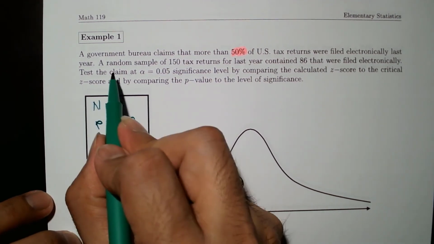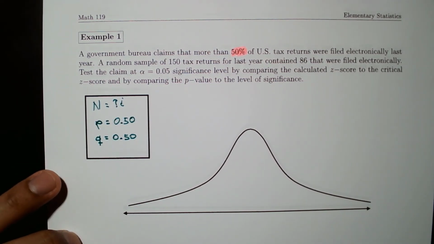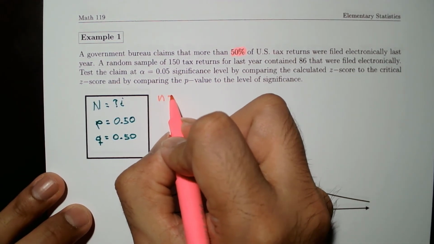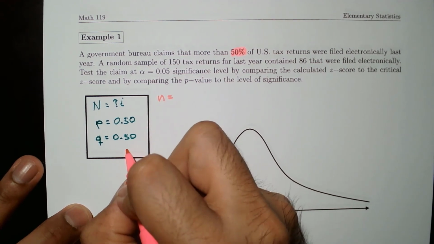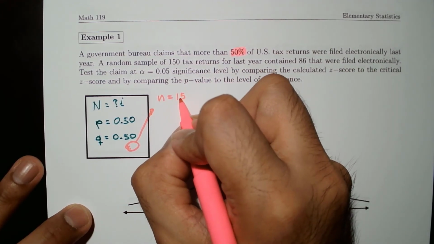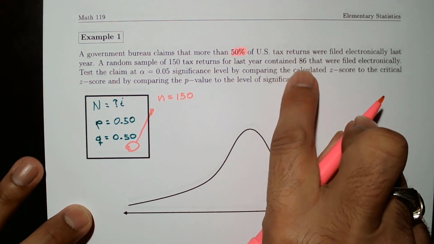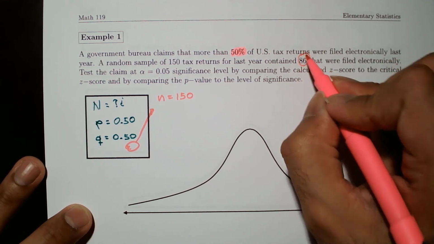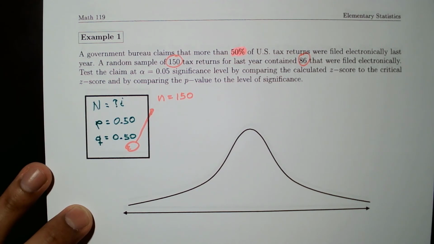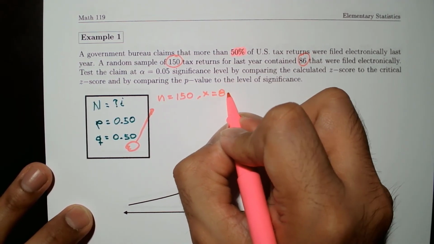We're going to take a sample of n, n equals 150, for which 86 were successes over the total in the sample, so x equals 86.